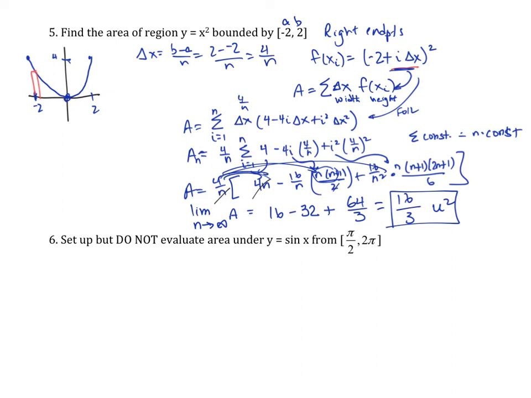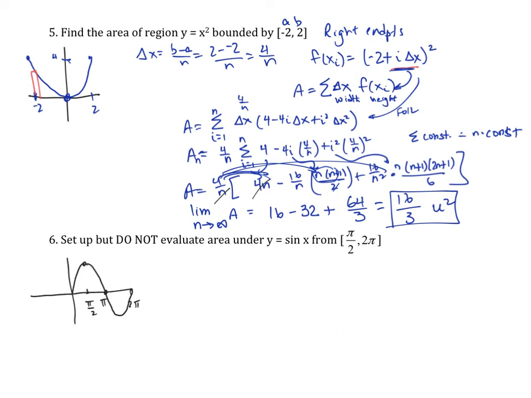All right, so now for number 6, it says set up but do not evaluate. The area under y equals sine x from pi over 2 to 2 pi. So what I'm looking at is a curve that looks like this, right? From pi over 2 is where I'm going to 2 pi right there. So we know that this curve will go up, reach its maximum right here, come down through pi, and then go like that, right?